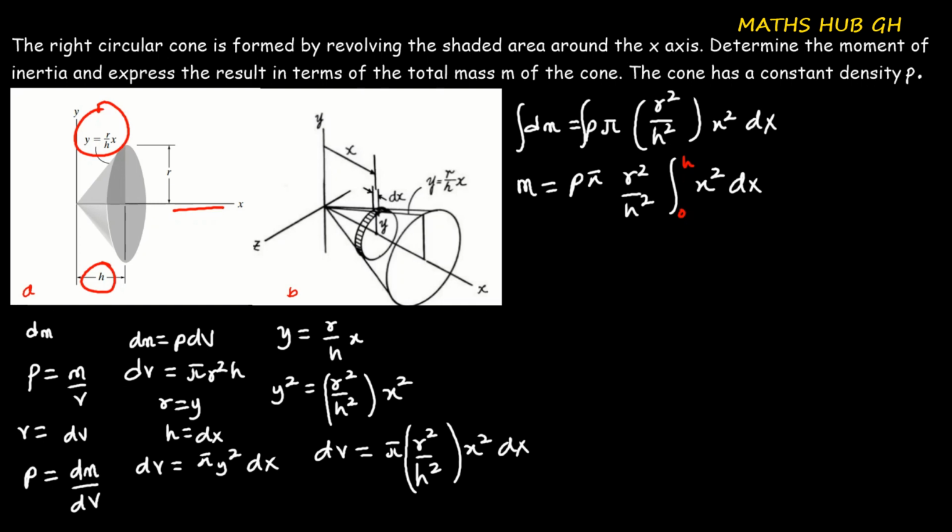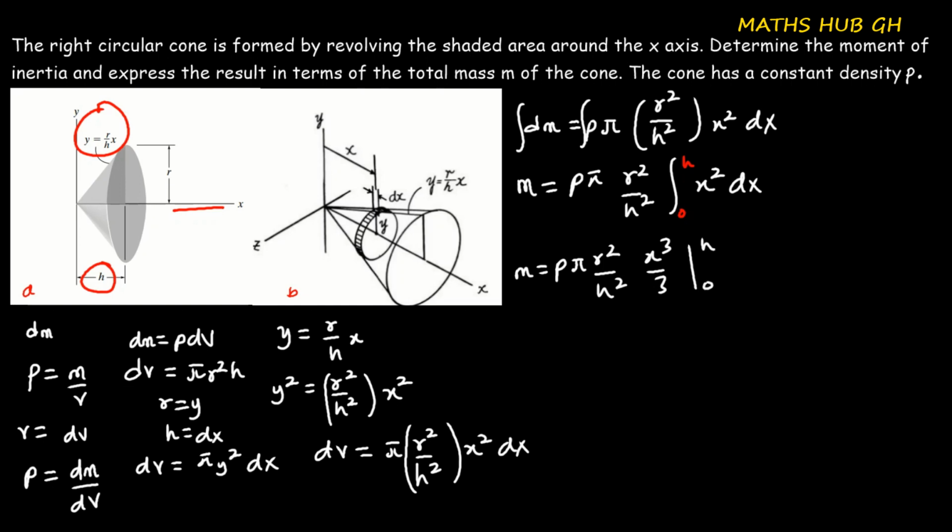Okay, so let's continue the integration. So we're going to have m equals rho pi. Don't forget we were told that the density is constant. So we're going to have rho pi r squared over h squared, and then let's do the integration. So for the integration, we're going to have x cubed over 3, and then the boundary is from 0 to h.